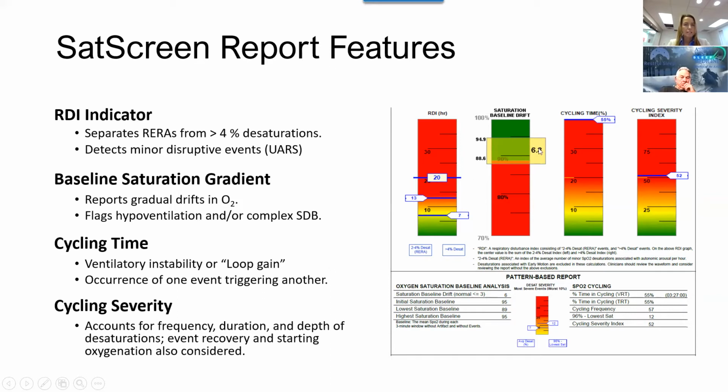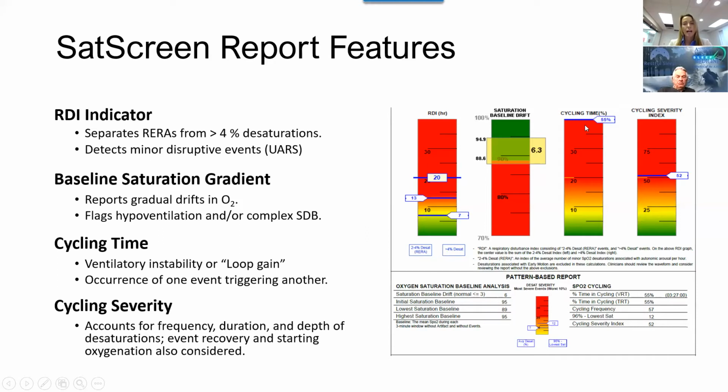The next indicator is the baseline saturation drift, or the baseline saturation gradient. What we're looking at here is the highest stable oxygen level during the night compared to the lowest, and that's independent of any type of overt apnea event. So this is the trend of oxygen levels over time throughout the night as the patient drifts off to sleep.